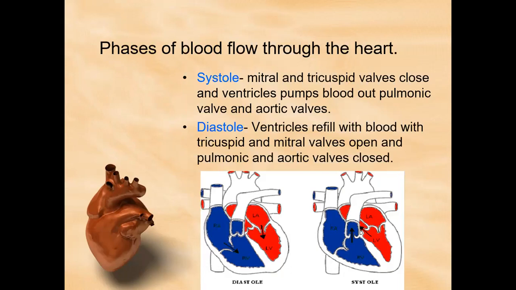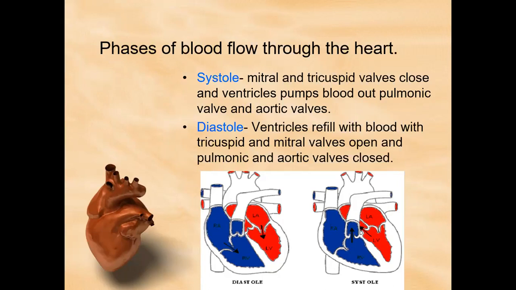So when we start talking about the heart and how it pumps, we have pressure behind the movement of blood. It's called your blood pressure. When your left ventricle contracts, it pushes the contents of blood out the aorta, and that causes the pressure on the inside of that blood vessel to increase.